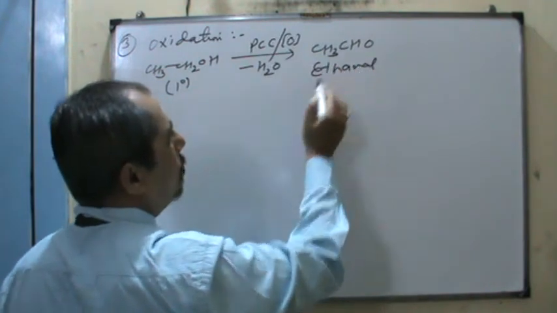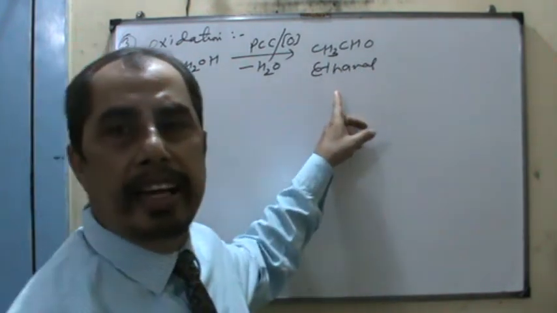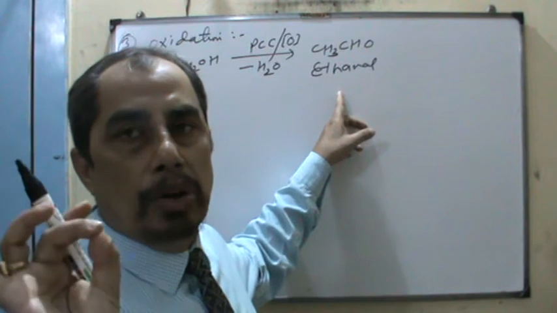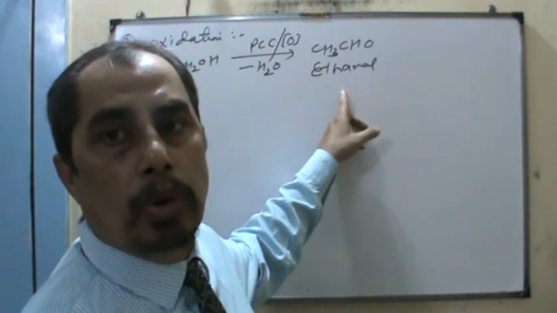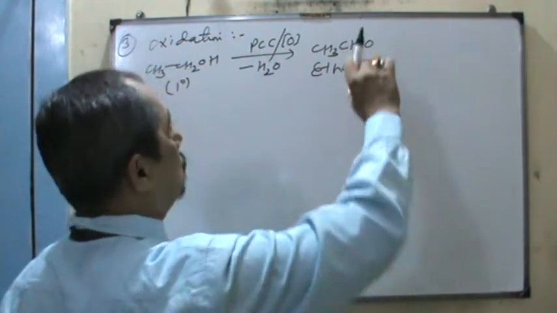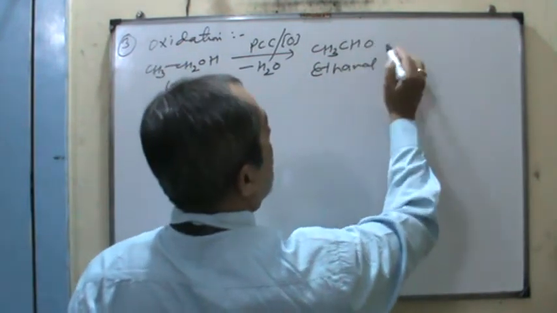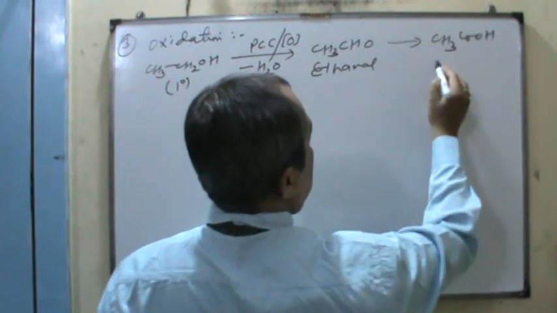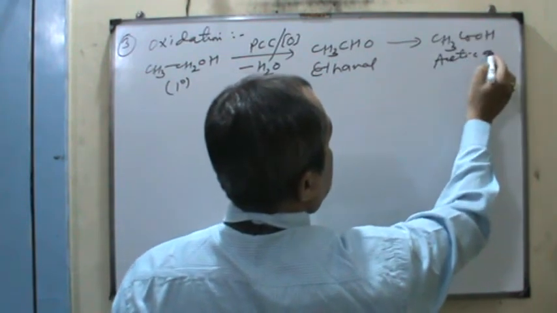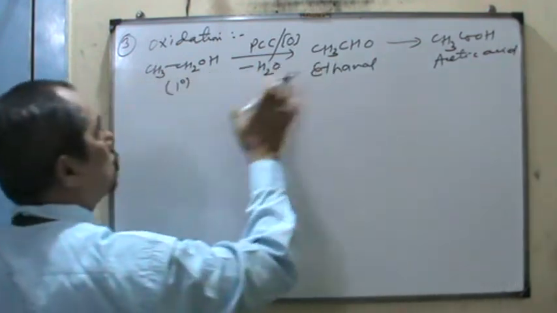So whenever you want to convert alcohol into aldehyde, you remember a mild or soft oxidizing agent like PCC, pyridinium chlorochromate. It forms aldehyde, which is easily oxidized to form carboxylic acid, that is acetic acid. There is no loss of carbon.